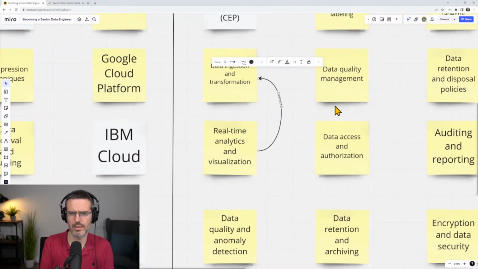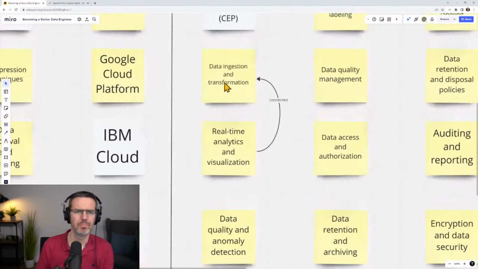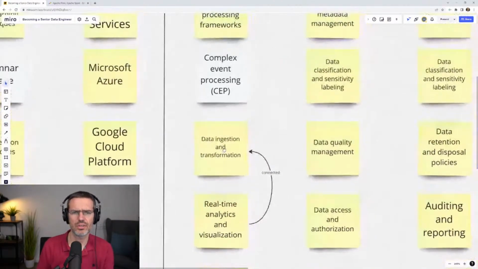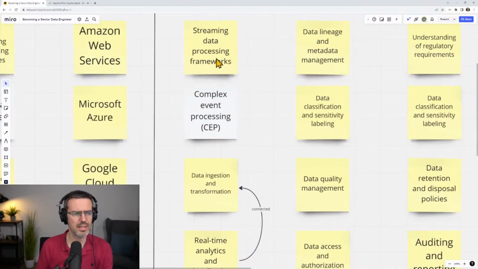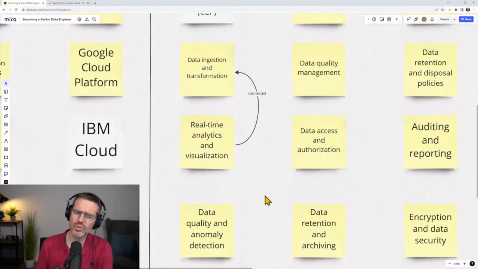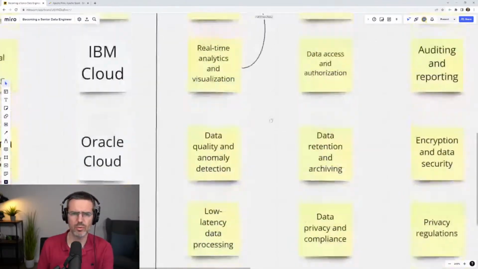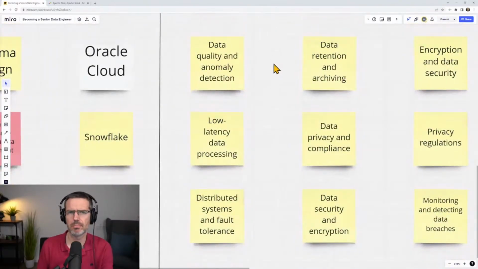So, I mean, it all falls under ingestion and transformation and streaming processing of data, right? These two basically have everything in them. Also data analysis. Yes, visualization might be interesting for an engineer as well, but usually more towards the statistics of the data pipeline, of the quality that we're getting in here.